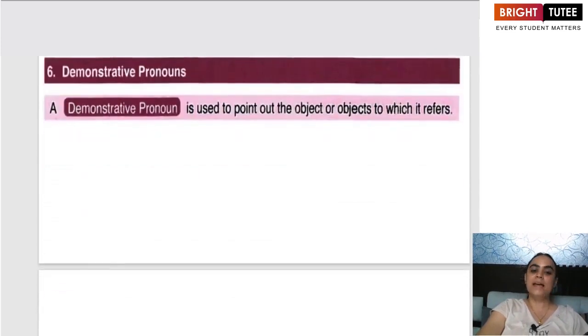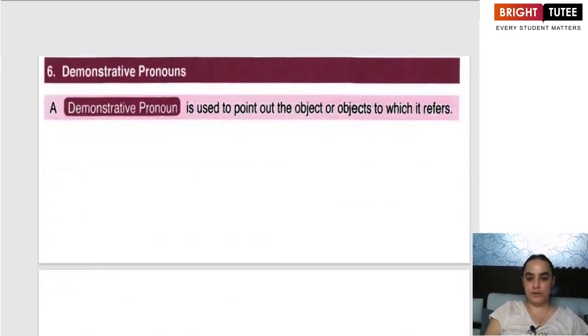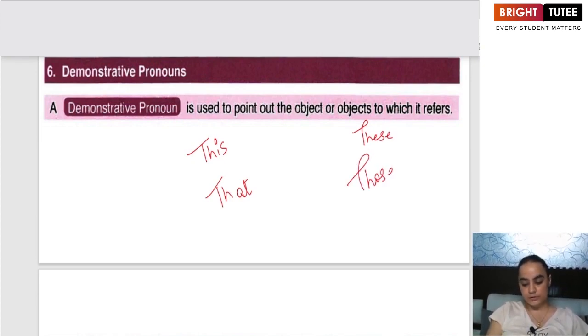Okay. Next, we have demonstrative pronouns. There are 4 demonstrative pronouns. First, let us learn those. This, that, these, and those. This is used for something which is singular in nature, plus it is near.